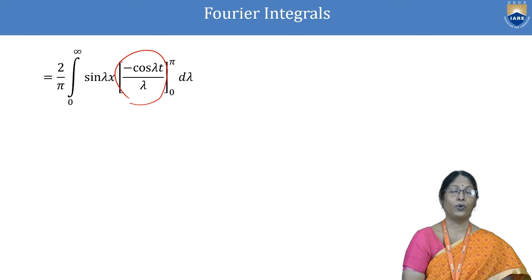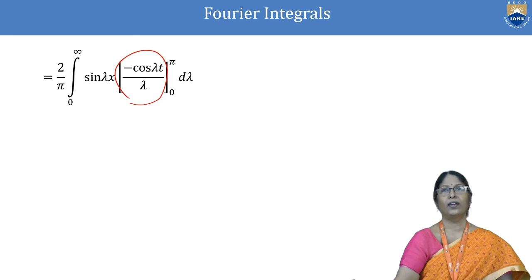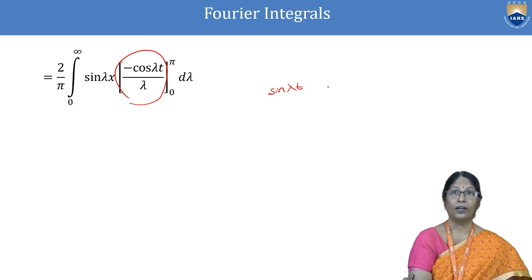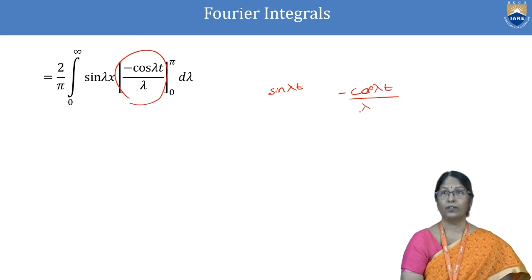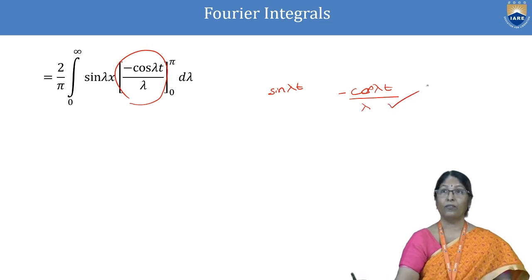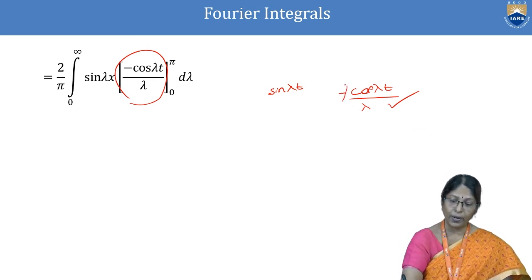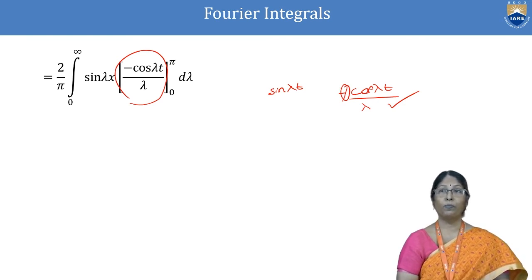We have to keep in mind the difference between differentiation and integration. In integration, sine lambda t gives minus cos lambda t divided by lambda, whereas in differentiation, this lambda plays a role in multiplication, the coefficient. While doing the problem, we have to check ourselves and proceed.